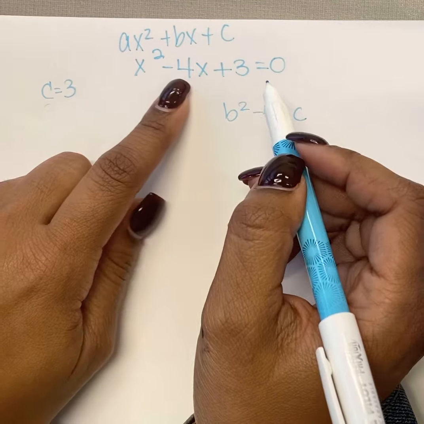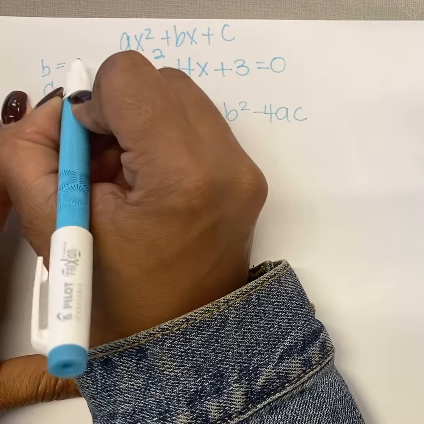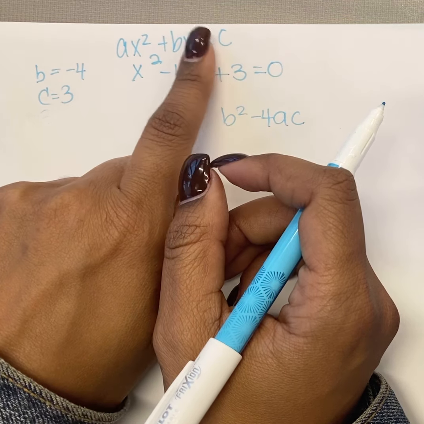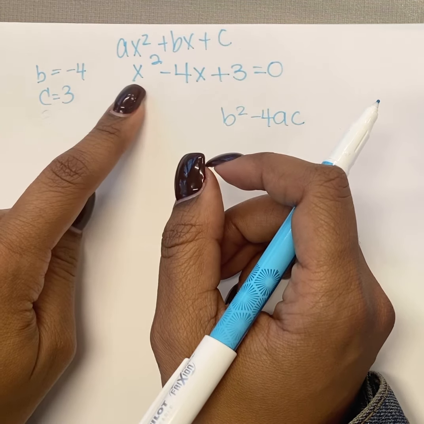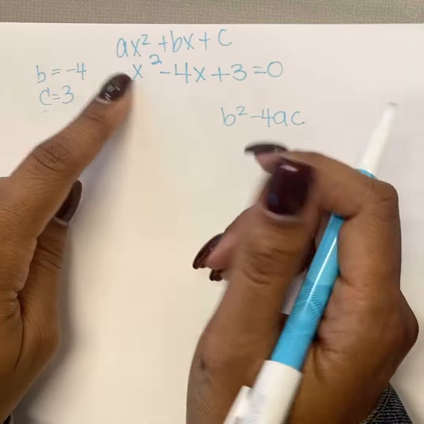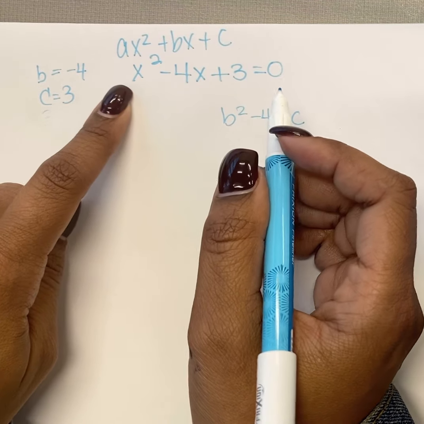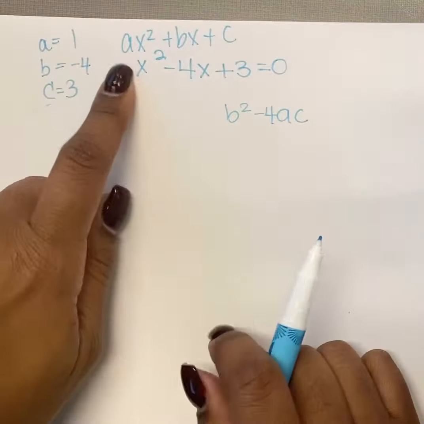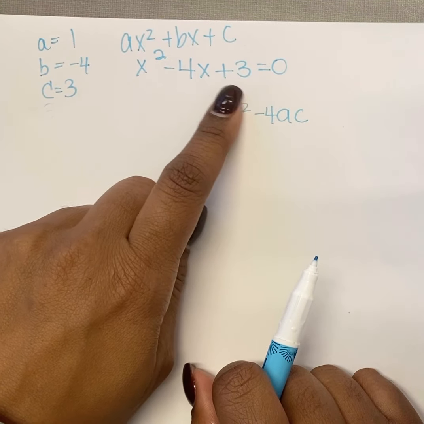Okay. b is negative 4. It is what is attached to x, or whatever the variable is that's standing alone with only an exponent of 1. And whatever is attached to your x squared, your coefficient, is going to be a. And in this case, even though you don't see it, it's going to be 1. So a is 1, b is negative 4, and c is 3.